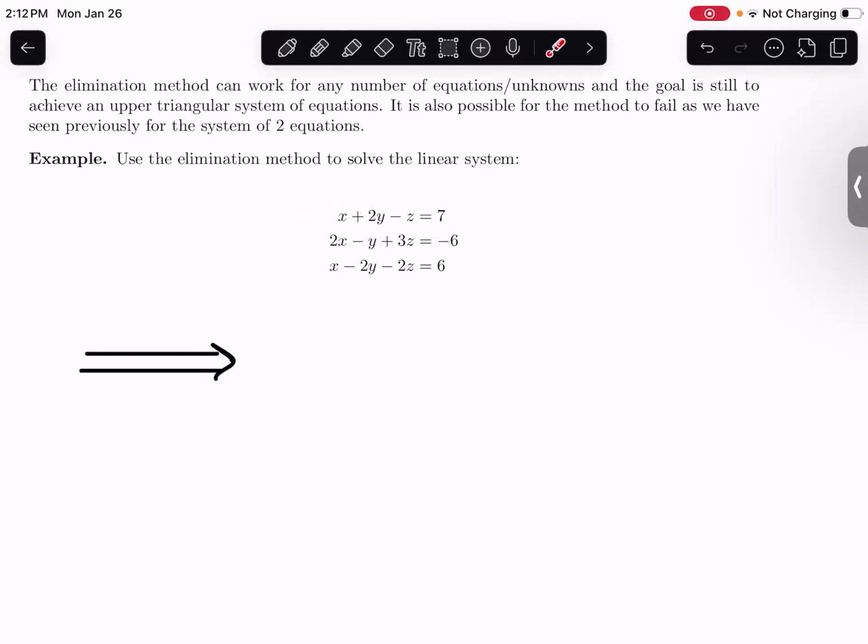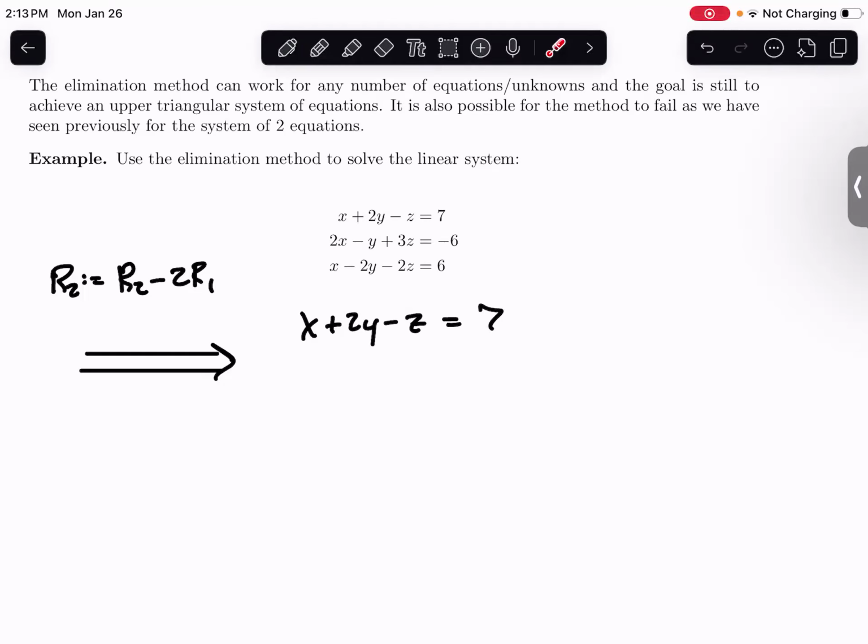To get rid of this 2x, we can take row 2 and adjust it so that it's row 2 minus 2 times row 1. When you do minus 2 times x and add it to this 2x, it's going to go away. So this is going to be x plus 2y minus z is equal to 7.